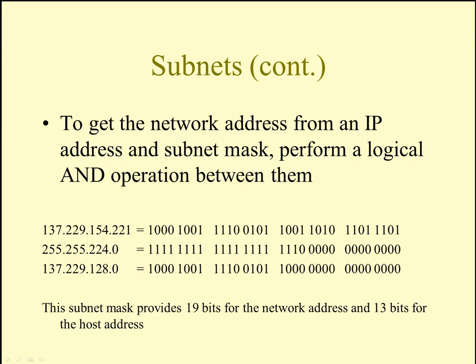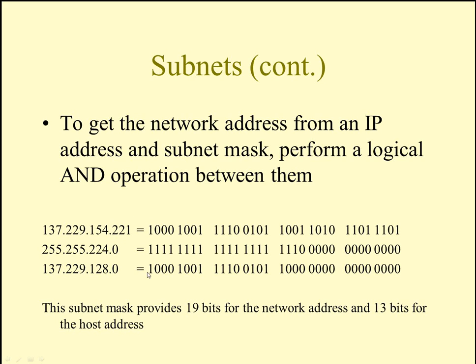Here is an IP address on the top, and I've already separated them out into the bits so that we don't have to do the math this time. Here's our subnet mask. You see that we have all 1s until we get to our first 0, and then we need to have all 0s following that.